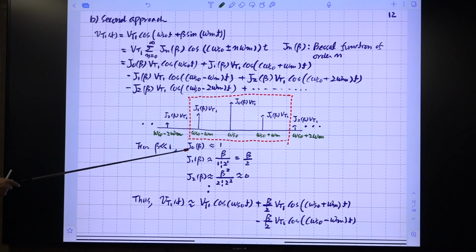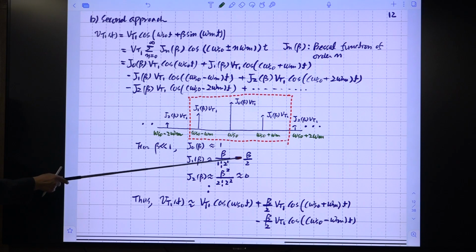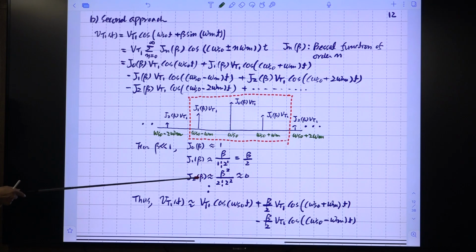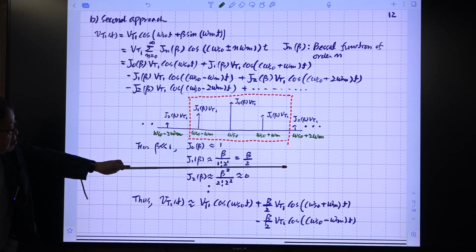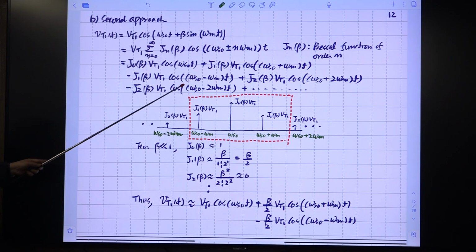Okay, this is J0 of beta, just 1, and this one is beta divided by 2, and this one is 3 factorial times this one squared, something like that. So it reduces very fast. So we forget about this. Only take 3 components into consideration. This one, and that result is exactly the same as the previous approach based on high school mathematics. Right? So they are the same thing.